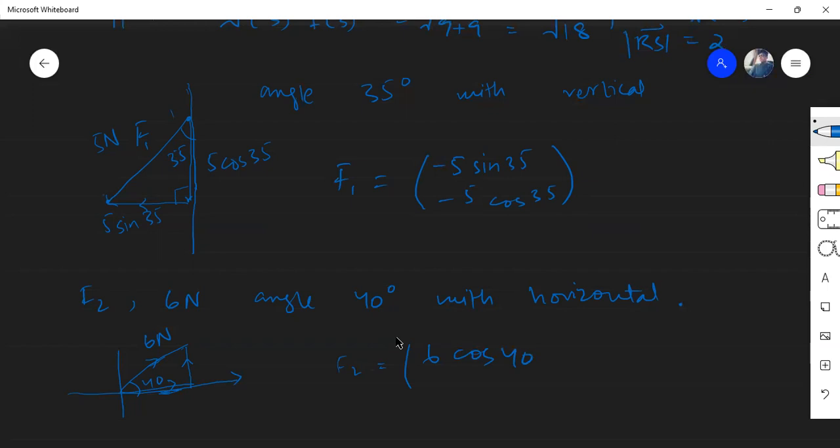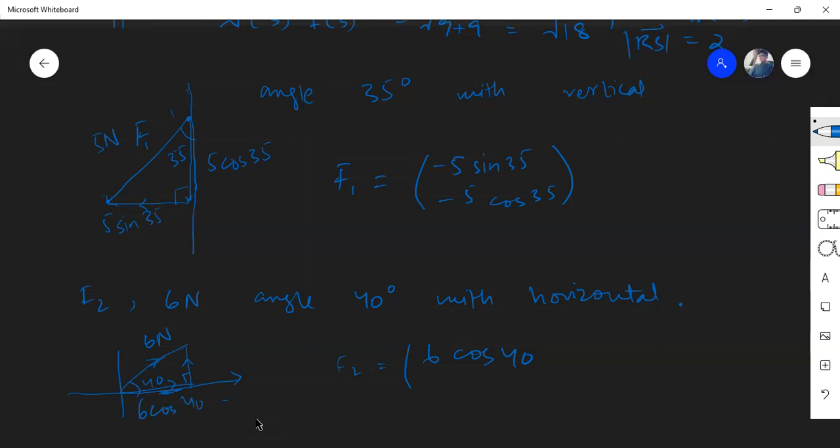No, 6 cos 40. Because this is a right angle, and the right-angled triangle that we made shows that this angle is 40 and the hypotenuse is 6. So this is going to be 6 cos 40.